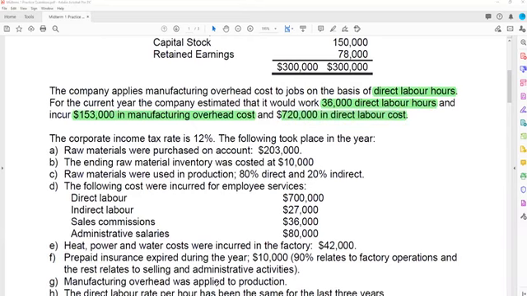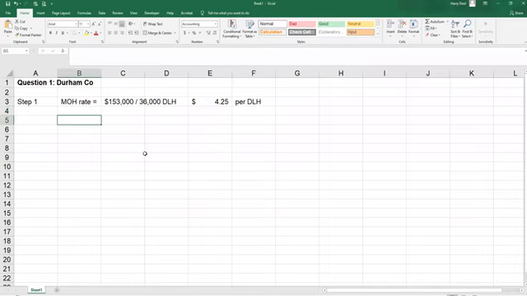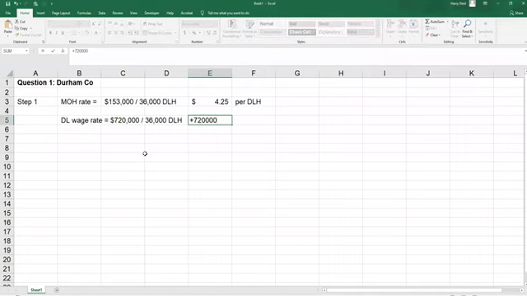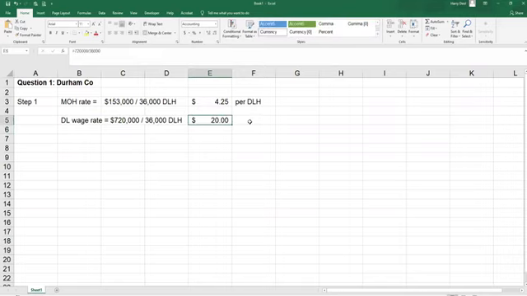So we're going to use that to calculate the direct labor wage rate. $720,000 was the total cost of direct labor for 36,000 direct labor hours. So for each hour, that works out to $20 an hour.